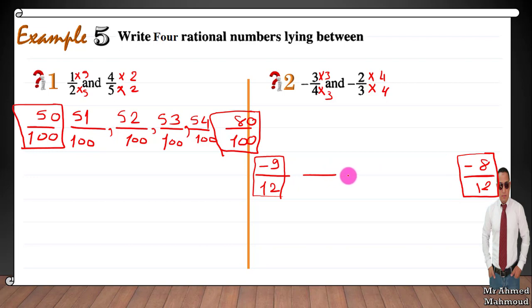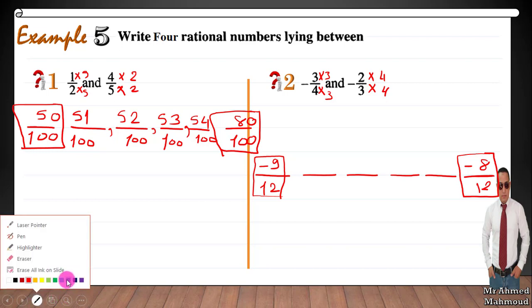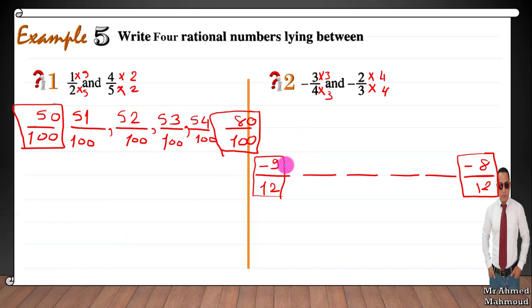Okay, now between them I need 4 numbers. Between negative 8 and negative 9 there aren't numbers between them, so I will add 0. So it will be negative 90 over 120, and this is negative 80 over 120.